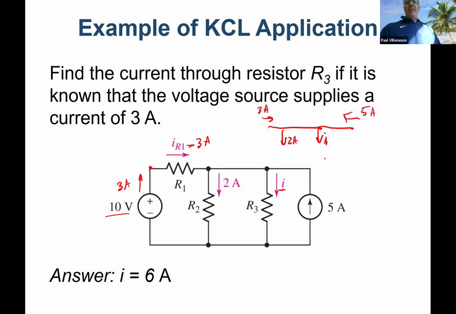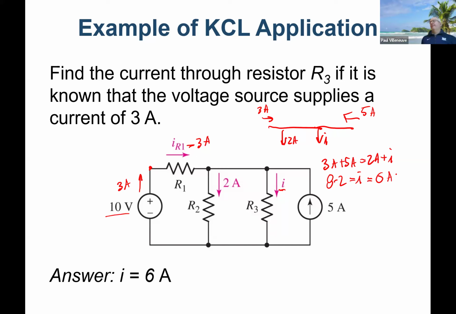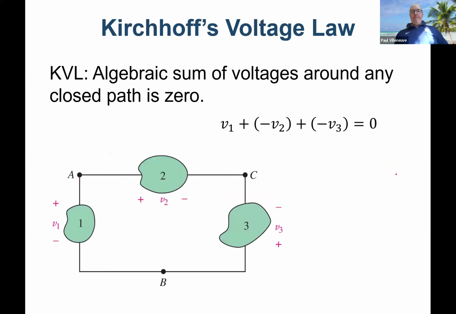The current in, 3 amps plus 5 amps, equals the sum of the current out, 2 amps plus I, so 8 minus 2 equals I, which equals 6 amps. Pretty straightforward, hopefully a pretty easy way to do that.